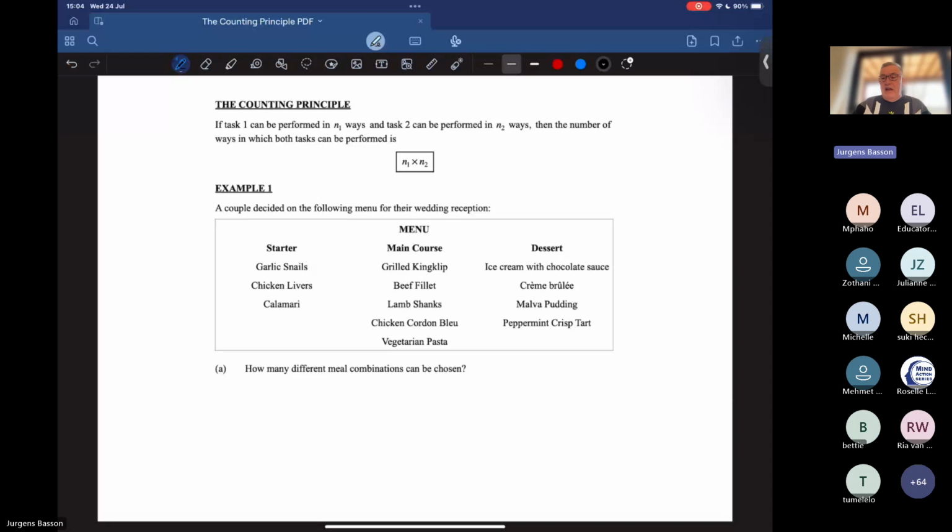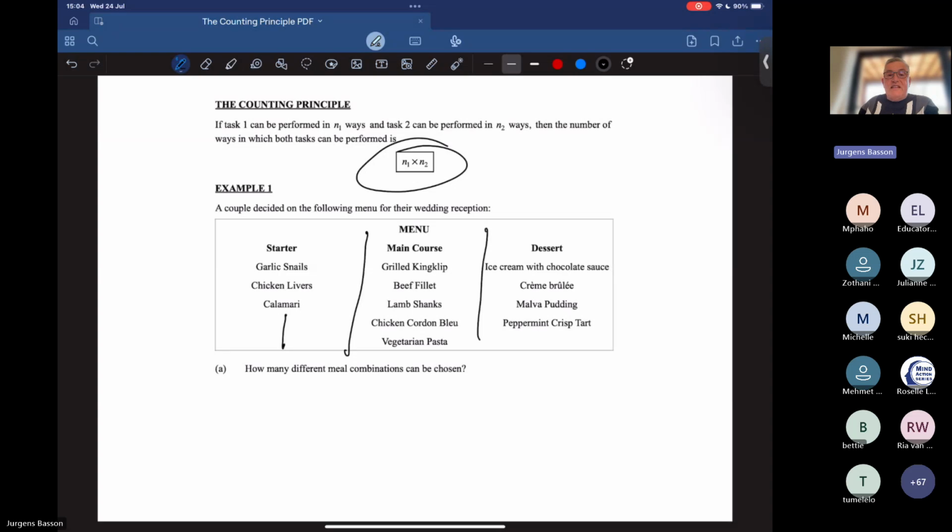Now, if you look at this first example on a menu, I will illustrate what this definition is all about. You will notice in this menu I've got a starter, the main course, and dessert.